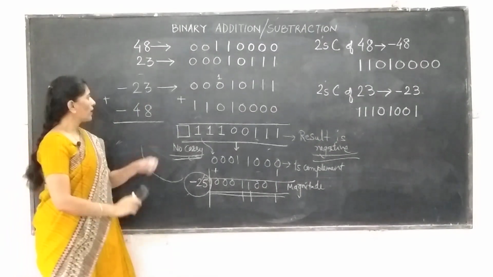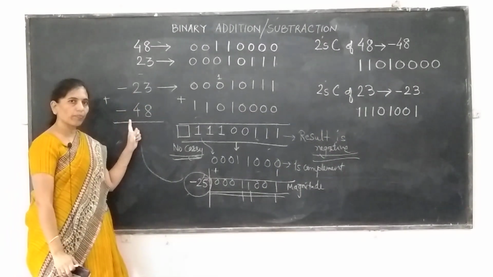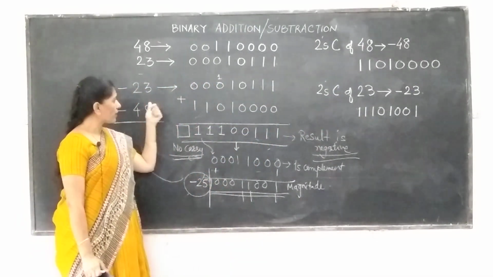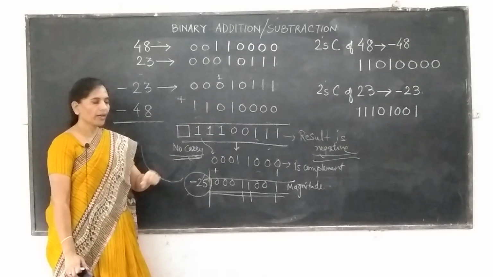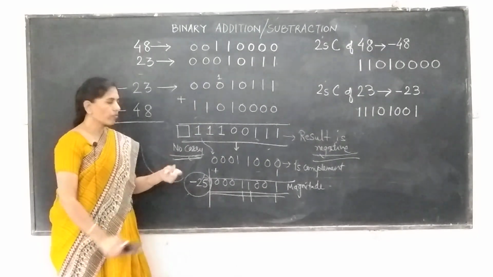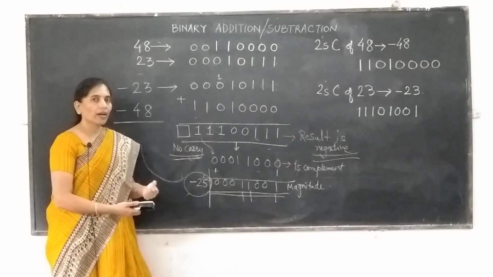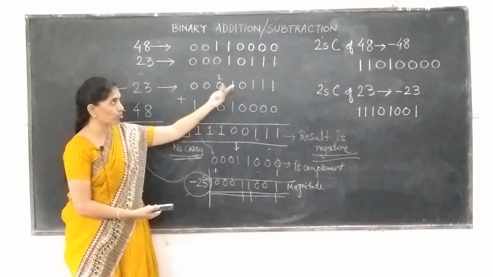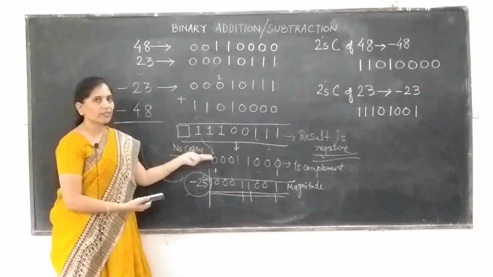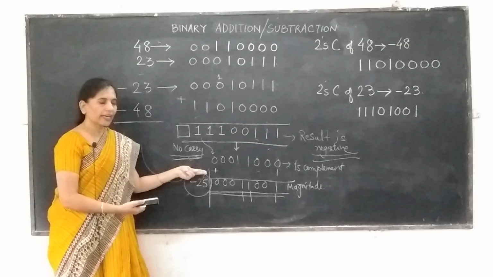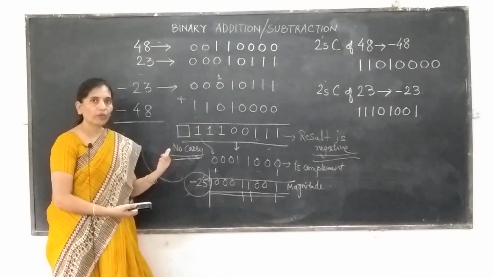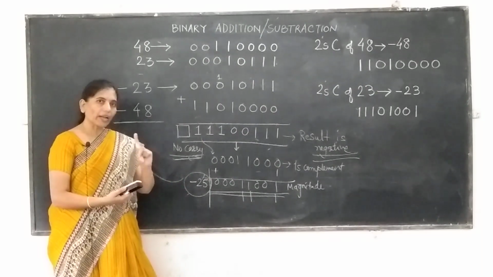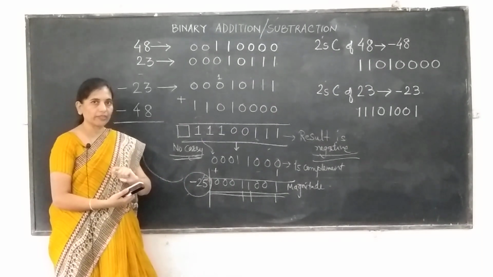A small hint: since we are adding two negative numbers, we'll have to take the 2's complement of both, add both the 2's complements, get the result and look at the result and decide what should be the magnitude, because we already know that we have taken two 2's complements, so we know that the result is going to be negative. In that case, the carry position will not be applicable as it was when one number was positive and the other was negative.